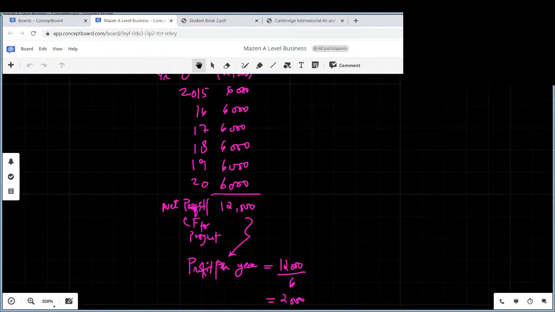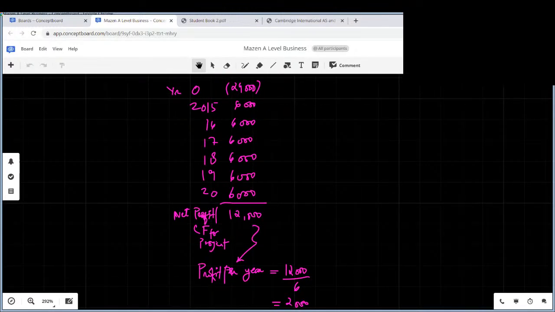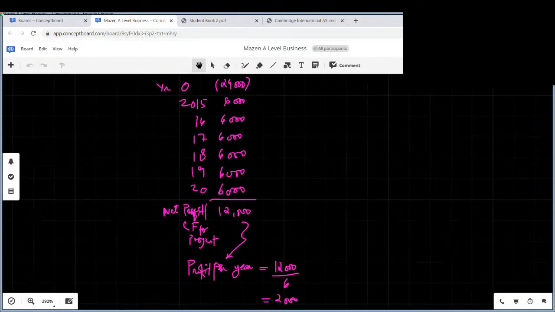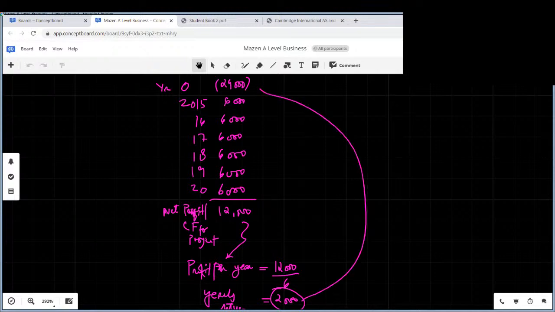So if I invest in this project, I will get a yearly return of 2,000. And on what value will I earn this return of 2,000? On this 24,000. If I invest this 24,000, then my net profit will be 2,000 per year. So 2,000 divided by 24,000 times 100. That is the average rate of return.